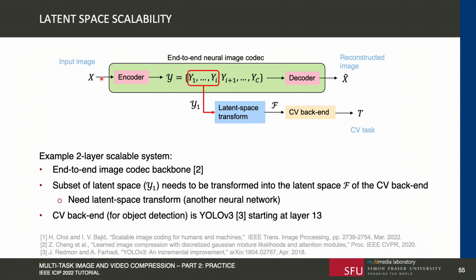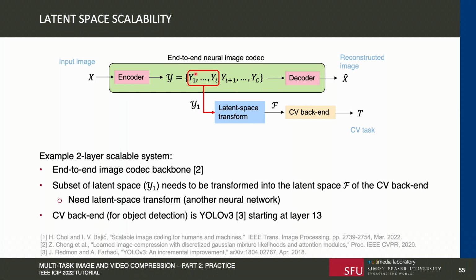The input image is subject to the analysis transform and then encoding into a latent representation Y here, which consists of a number of feature channels. And when the full latent space is decoded, the input image is reconstructed as x hat.